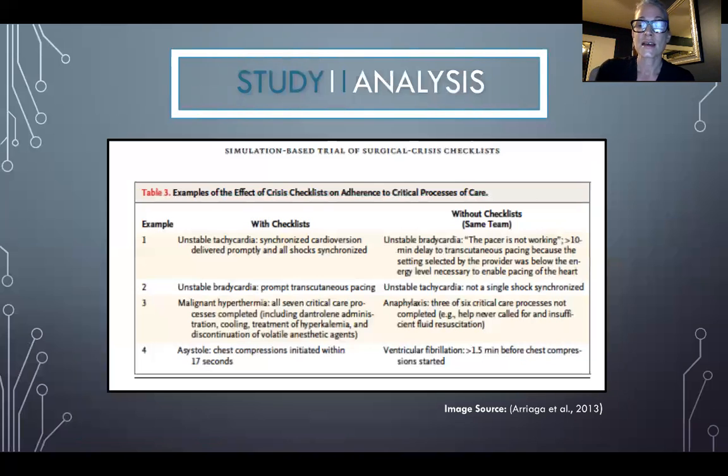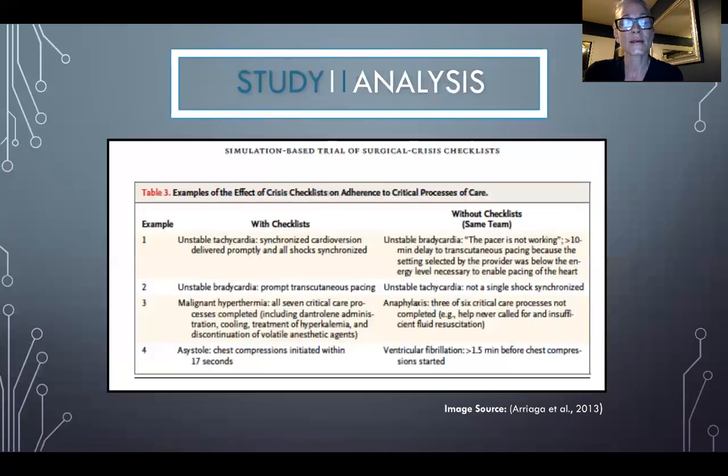Without, you have 1.5 minutes before chest compressions started. It's very interesting how in an emergency situation sometimes all the thought goes out the door, and you pause for a good solid minute before beginning something like chest compressions. The importance of chest compressions, of course, is pivotal.